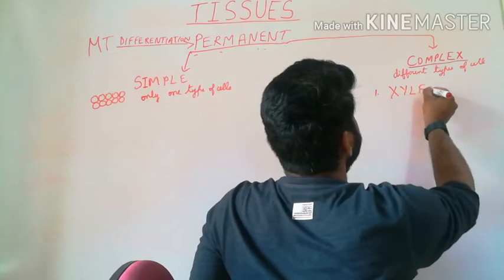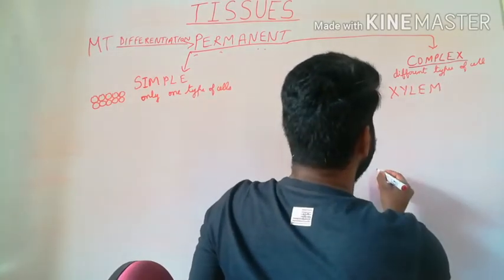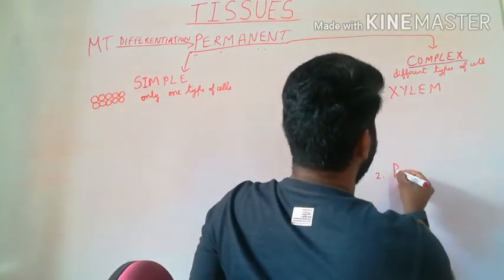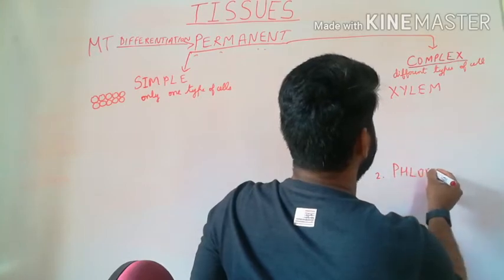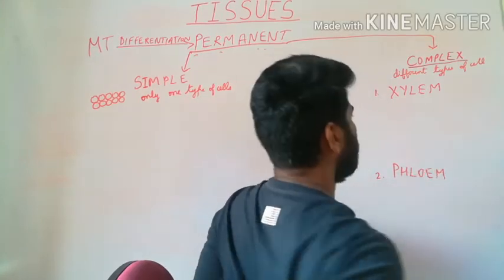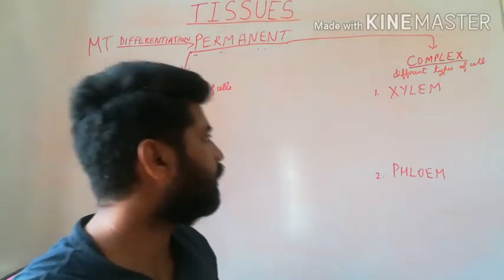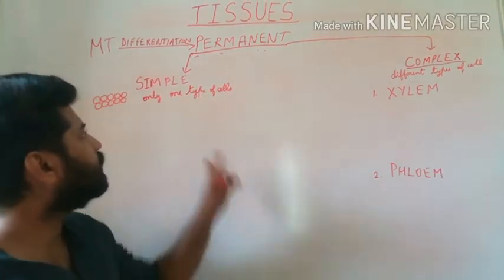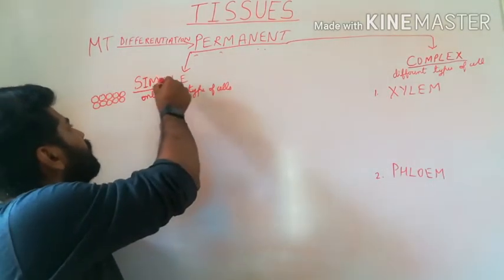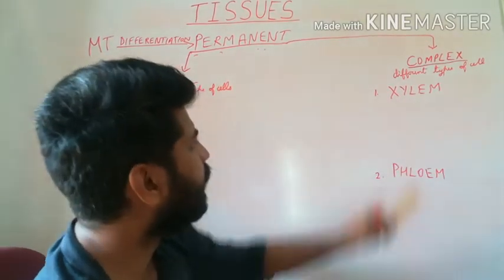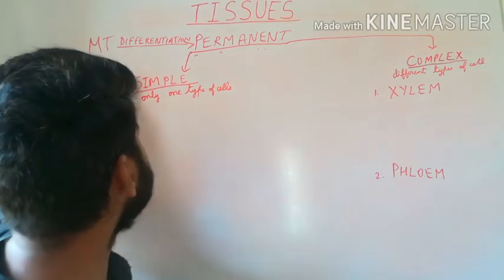Xylem tissue and phloem tissue, about which you have already heard. Let us start the discussion with simple permanent tissue, and then we can talk about complex tissue.